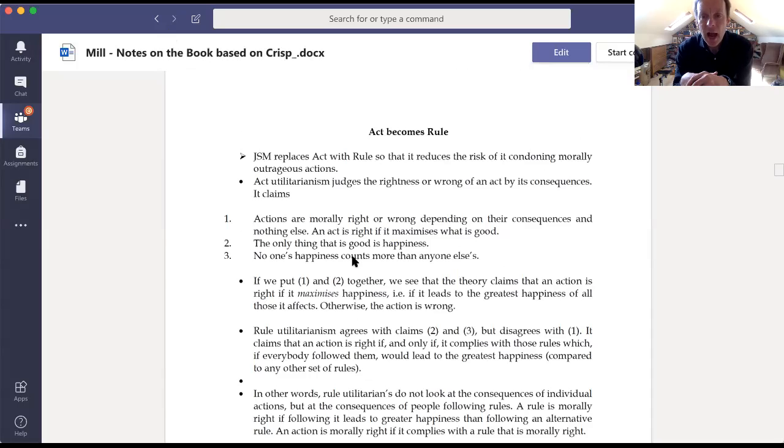Act utilitarians claim that rules are not the chief end of utility, and therefore when rules don't serve the greatest good, the greatest happiness, the greatest number, they then have to be reformed or opposed. And so we should shift back to acts. And so rule utilitarianism collapses into act utilitarianism.